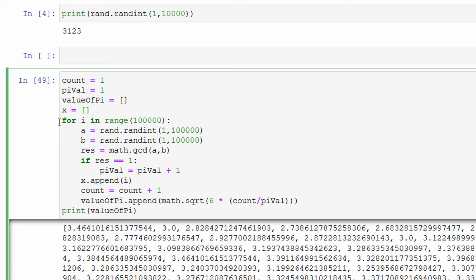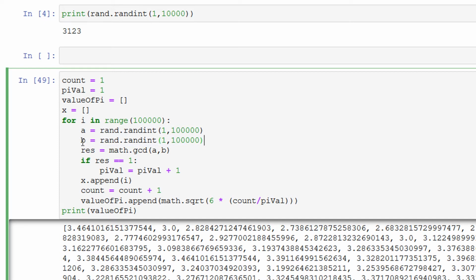After that, in the for loop we took the epoch of 100,000, and we took one variable using randint between 1 and 100,000, which generates a random number, and this is the second number.